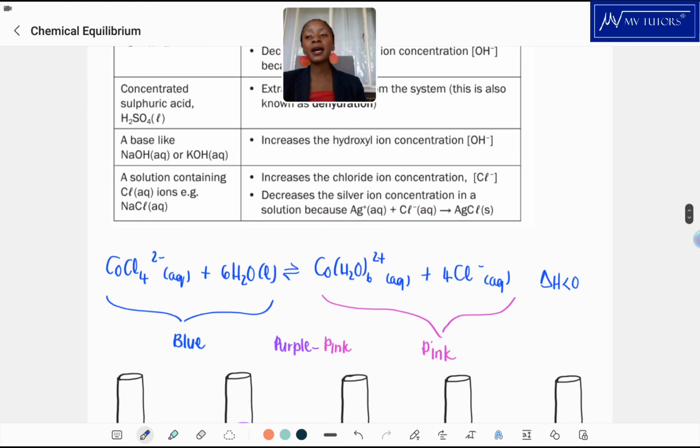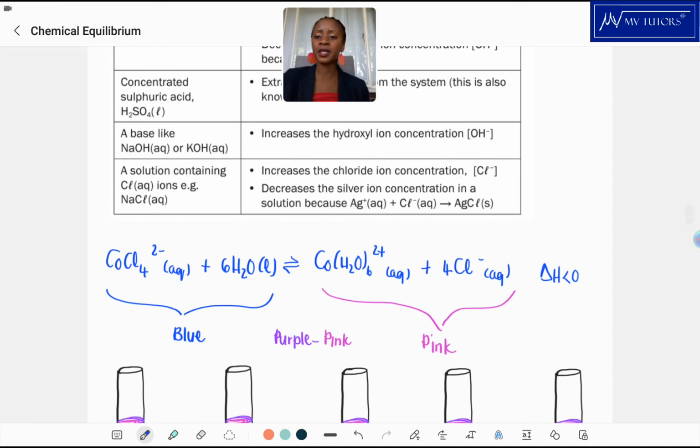The color of the reactants is blue, while the reaction is ongoing you have a purple pink color, and when your products have formed, you have pink. This reaction is exothermic, so it releases heat to the environment or to the system.